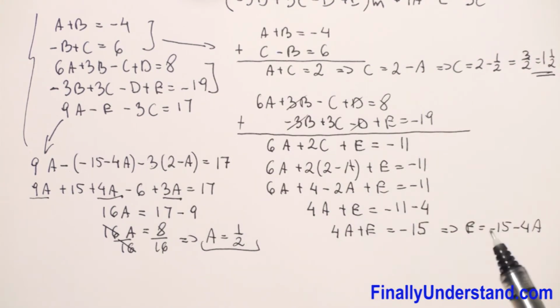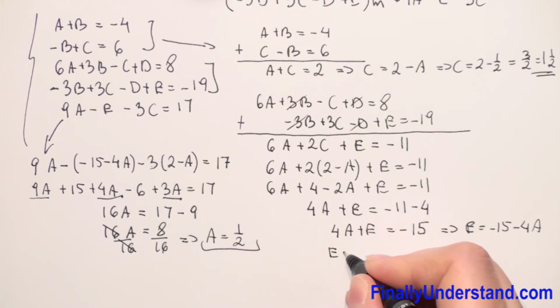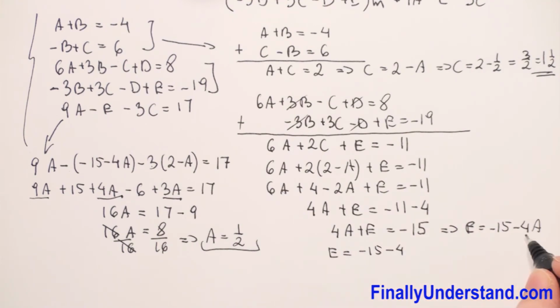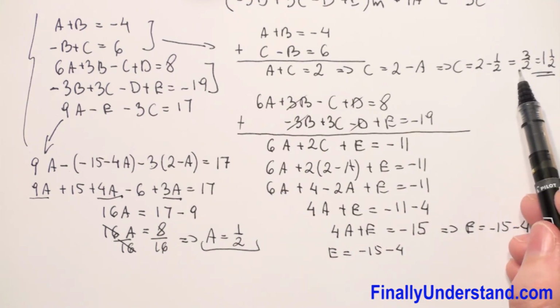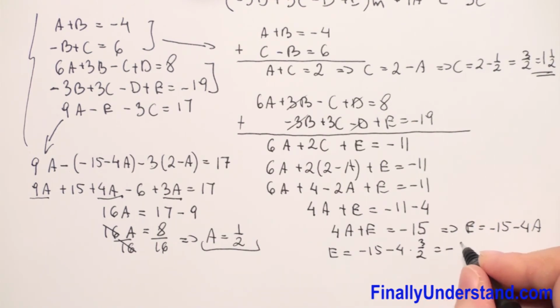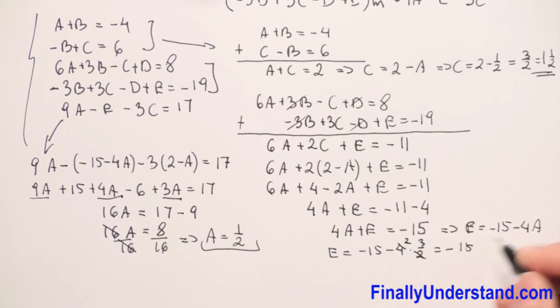Next, we can find e. e is equal negative 15 minus 4 times a. I will use here improper fraction because it will be easier to multiply. So this is equal negative 15, 2 with 4 will be 2, 2 times 3 is 6, so it will be negative 21.